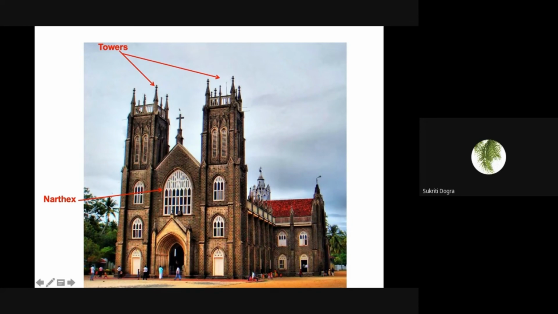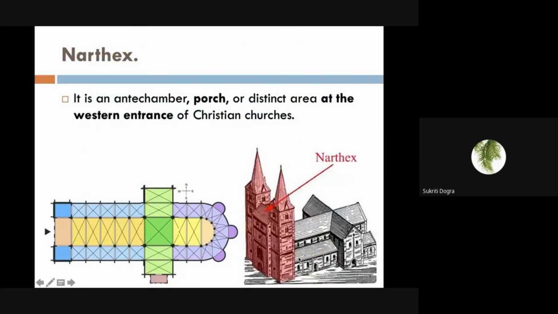If you can see this tower, this is the tower installed over your crossing area, and crossing is the intersection of this transept and this nave area. Now this elevated portion is called your transept, and you can see people standing here also. We also have an entry from this transept as well. So the primary entry is from the narthex and the secondary entry comes out of your transept.